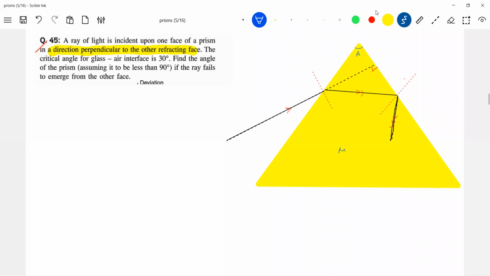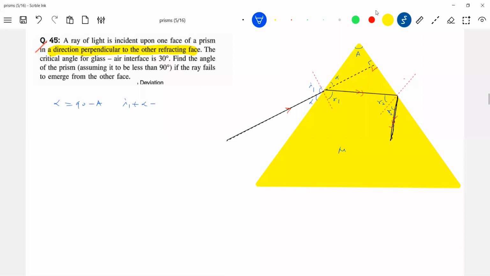So again, I'll get into all the basics as usual. I1, this will be R1. R1 plus R2 is A. So first we'll get this. This is 90 degrees, no? So take this as alpha. If that is alpha, this should be alpha. So first we'll get in this one: alpha should be 90 minus A.